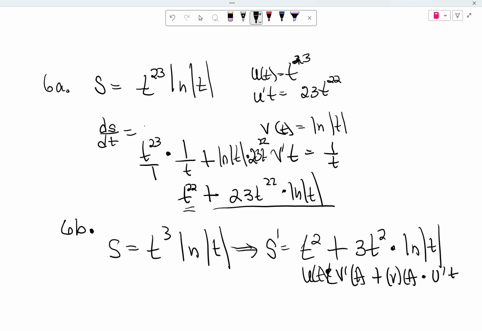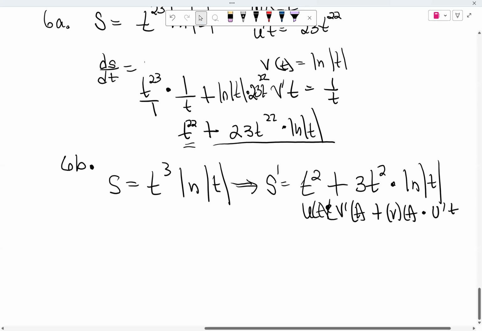And that's what you have going on there. It goes just back to the product rule. You just need to remember that you end up with 1 over t, which cancels out.